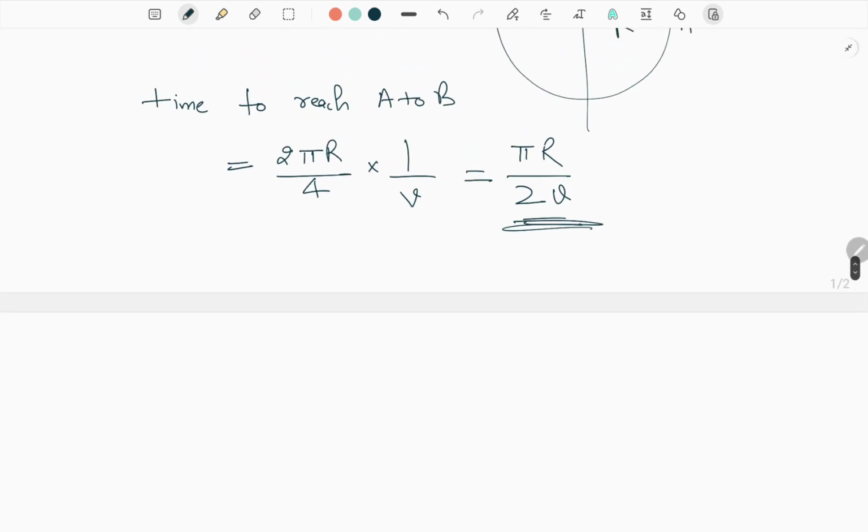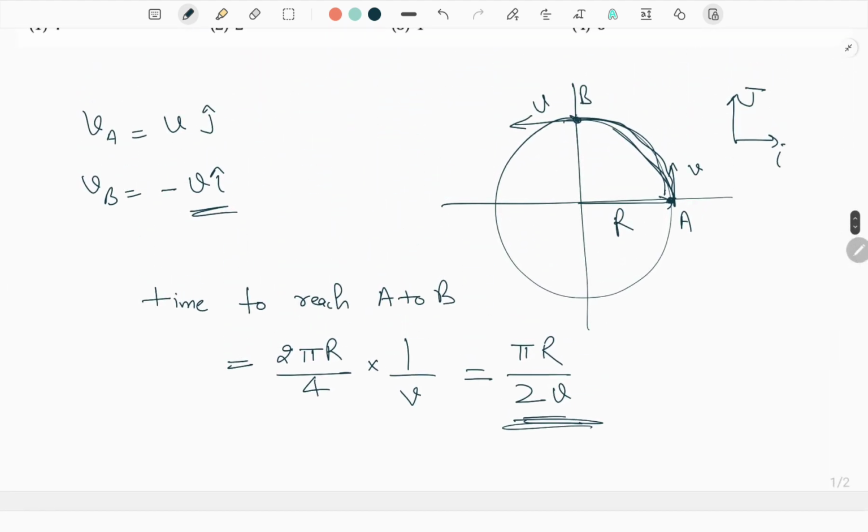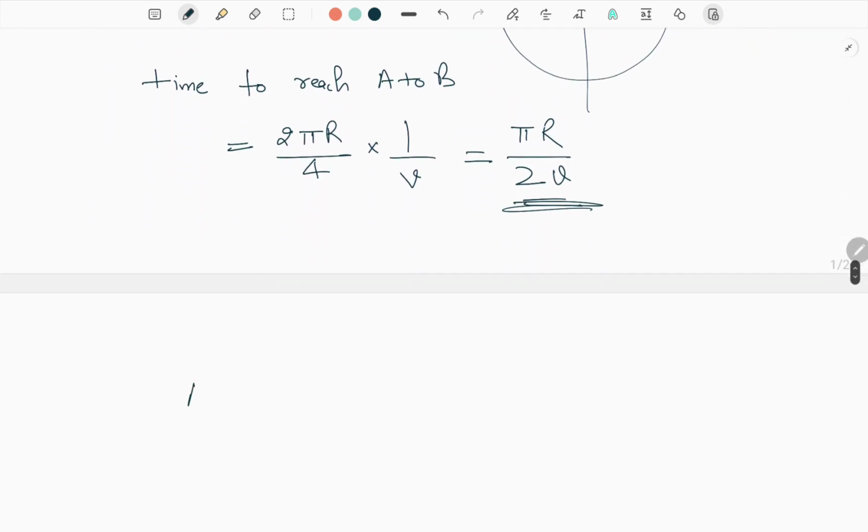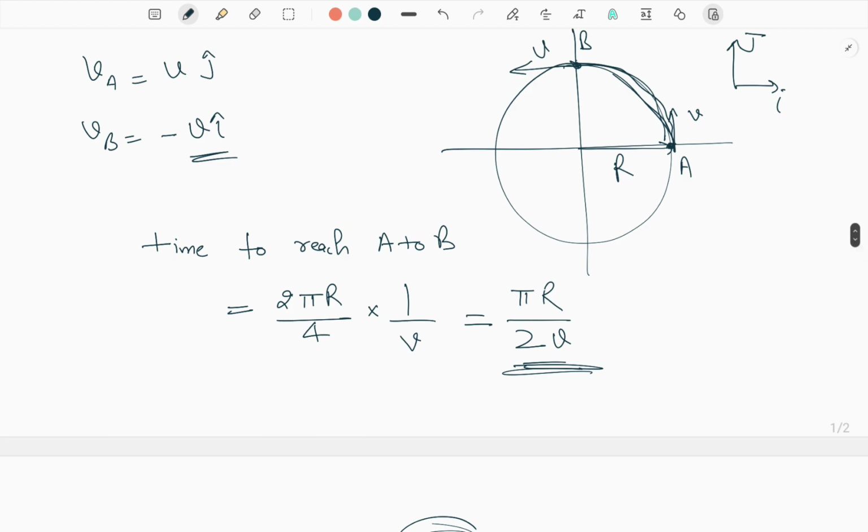We know the time. So for calculating the average velocity, what is the average velocity? Displacement upon time. It's important, he's asking about average velocity. So we need displacement.